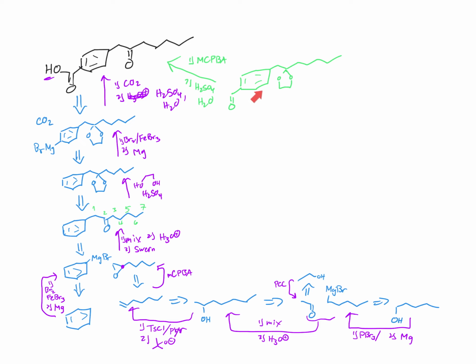So that means I need to be able to get here, and I can get to this compound, I think, by keeping this group protected, using a Grignard right here and adding formaldehyde. So let's try that. What if I had this compound, which I've already made, so I don't have to show you how to make it.